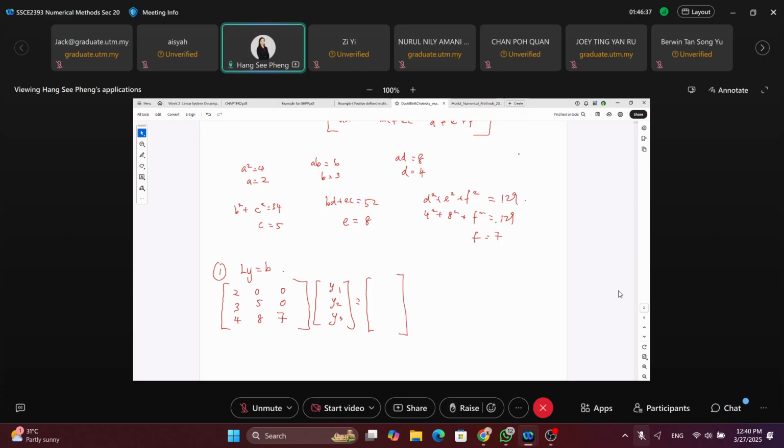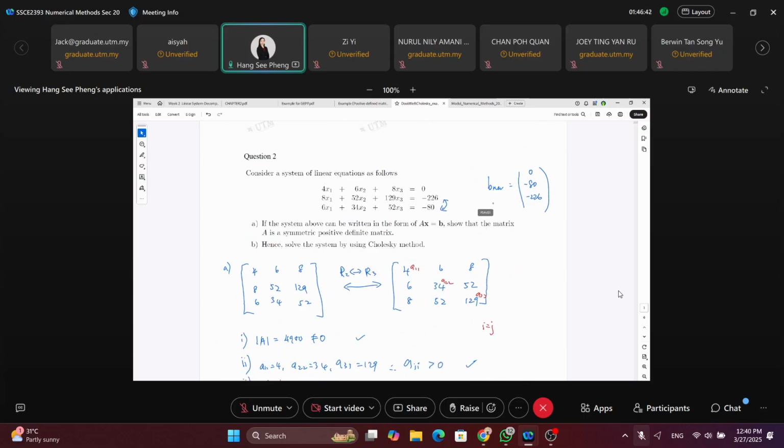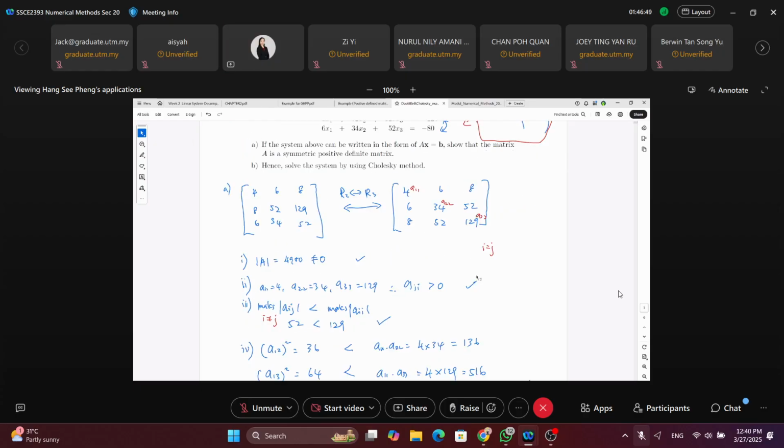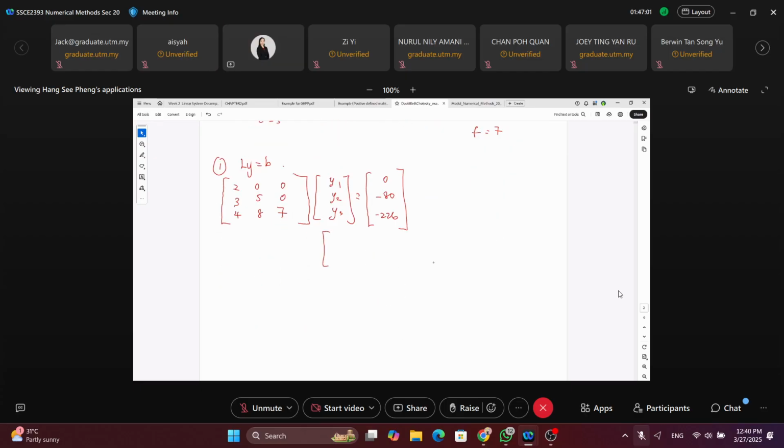Then B. Go and find what is B. Here, use the new B, because that's how we do the row interchange. So we have to use this B in here. Solve for the Y using the forward substitutions. 0, negative 16, negative 14.